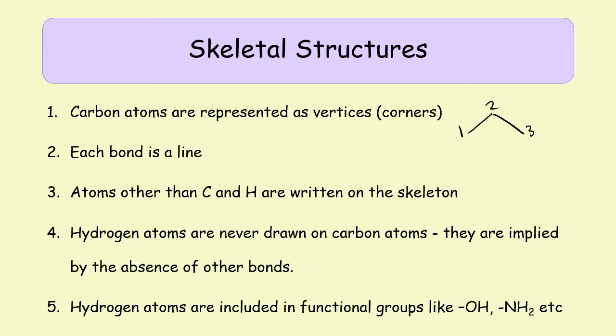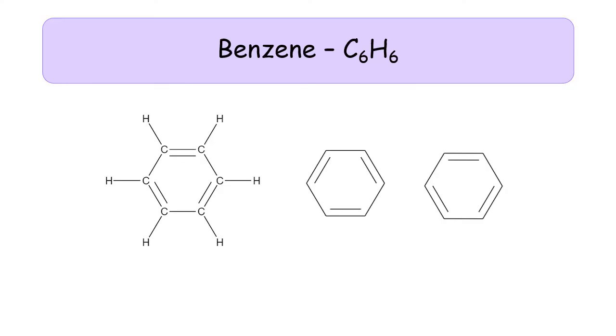One particular structure that you definitely need to understand the skeletal formula for is a molecule called benzene. Now, benzene is C6H6. It is a ring structure and it is completely flat. It's planar.